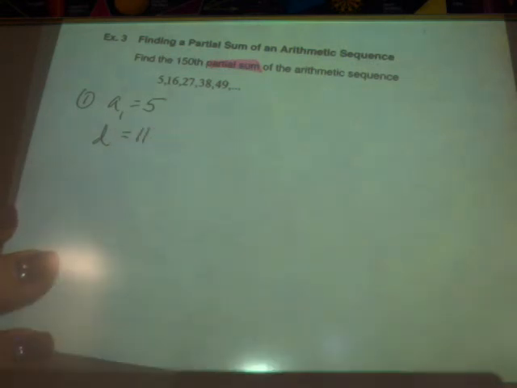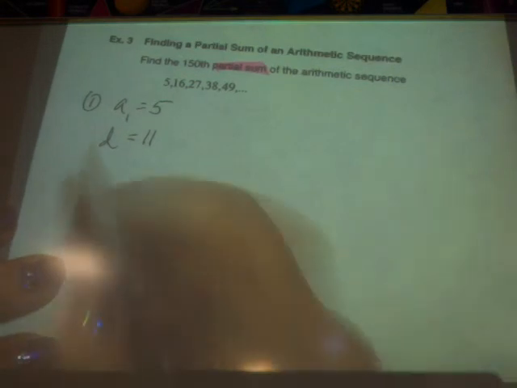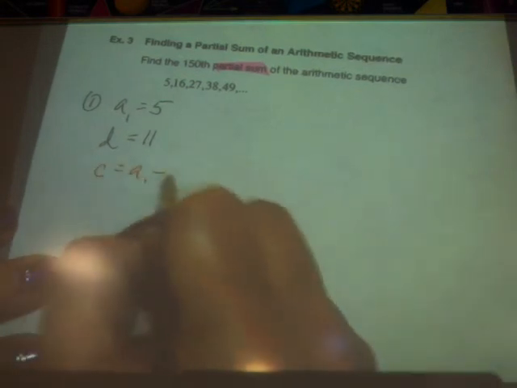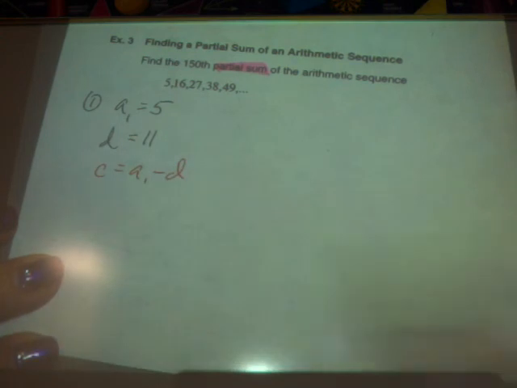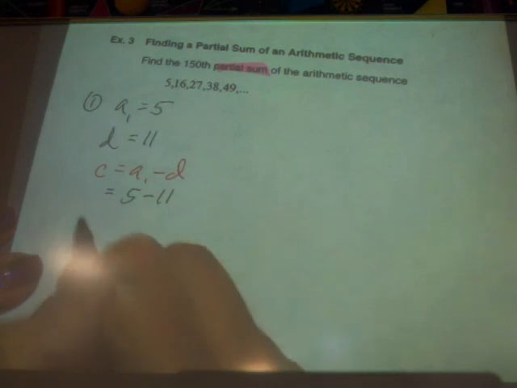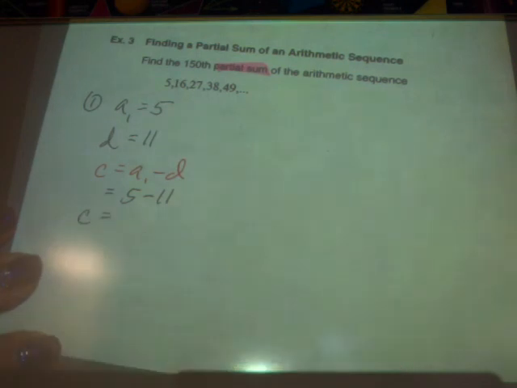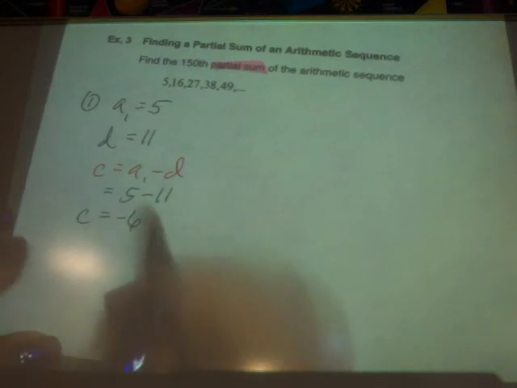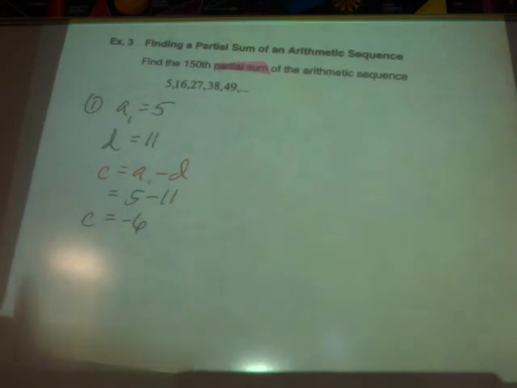What else do I have to know? c. So remember, c is equal to a sub 1 minus d. You've got the minus in there, right? So isn't it 5 minus 11? So what is c? -6, right? So now, step 2, can't you write the equation?